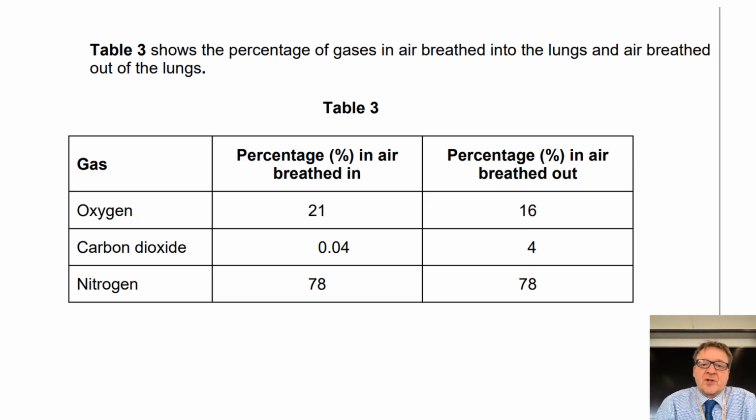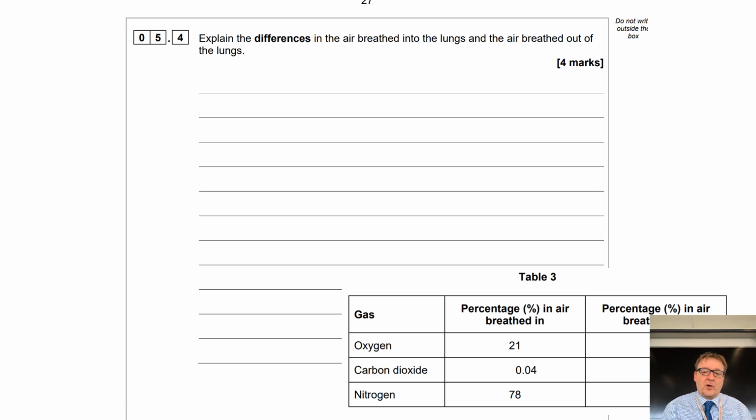Table 3 shows the percentage of gas in air breathed into the lungs and air breathed out of the lungs. So in, out. 5.4, explain the differences in the air breathed into the lungs and the air breathed out of the lungs. Explain. So I'm going to go for describe and then a because or a so.